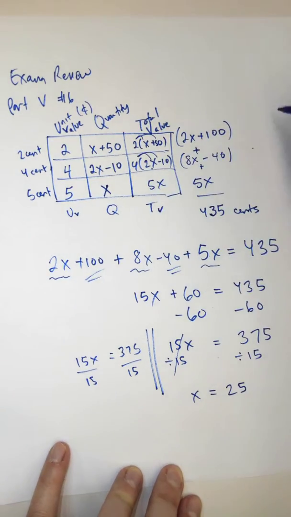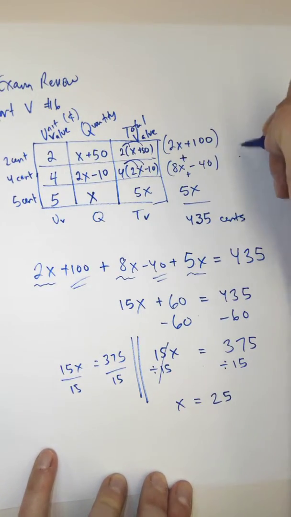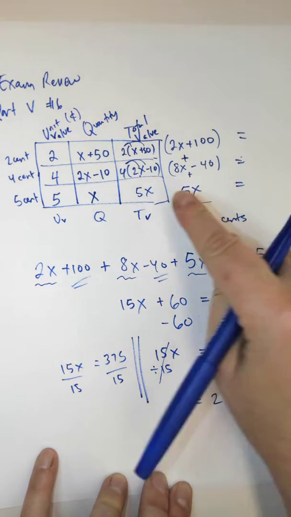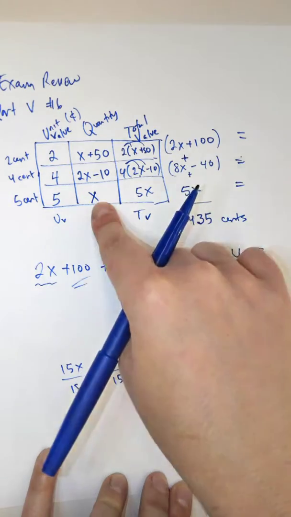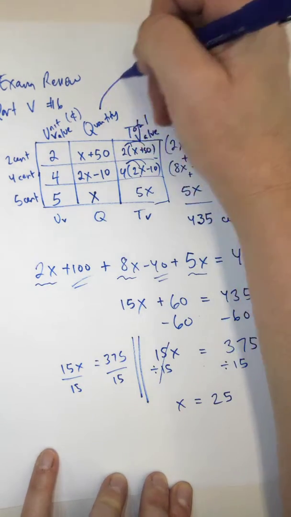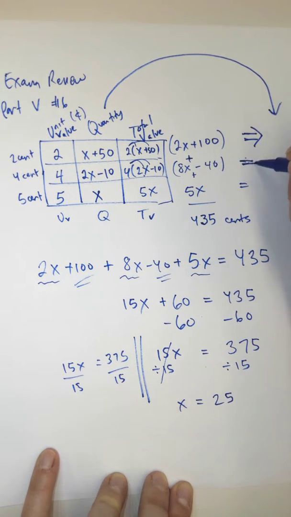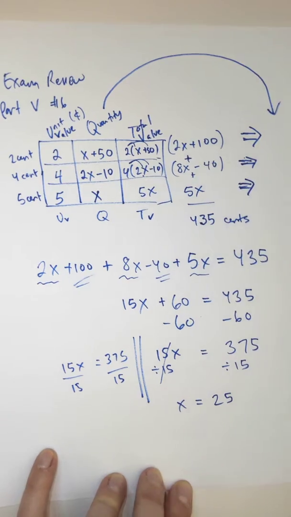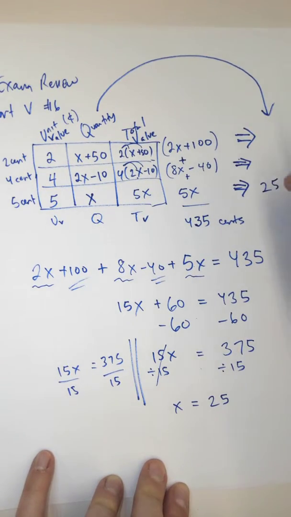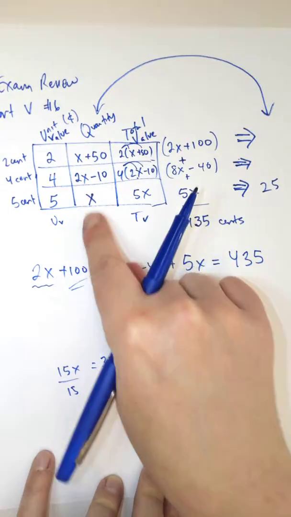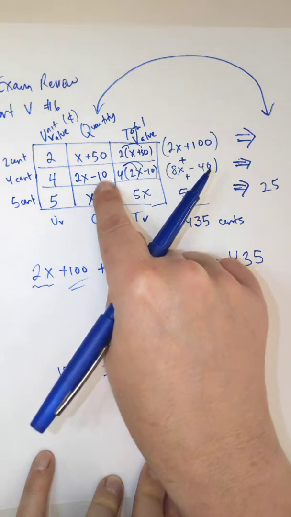Let me write this over here because it's cleaner. So let's think about this. X is 25. We're doing quantity. Maybe that's not really an equal sign. It's more like a what is the result kind of a symbol. So she got 25 of those 5-cent stamps because of the quantity. 2 times X minus 10 is the number of 4-cent stamps.